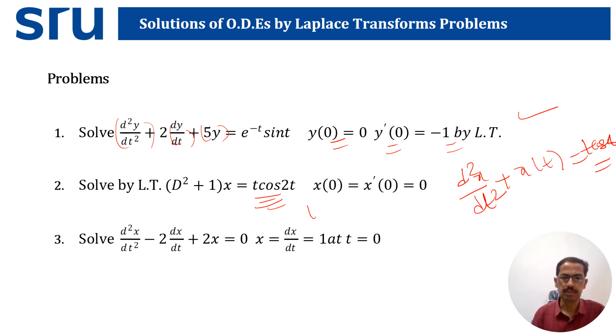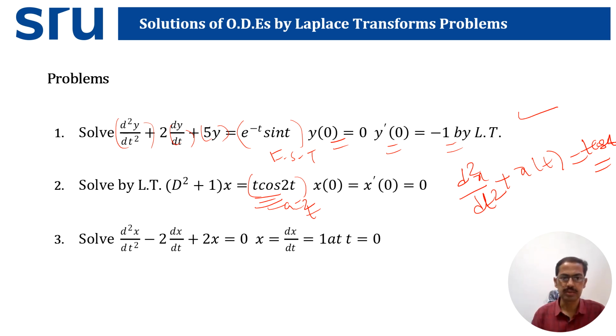Multiplication with t: t cos at, t sin at, we already discussed. So a is equal to 2, and apply the multiplication with t formula. And how do you get the Laplace transform of e power minus t sin t? Apply the first shifting theorem. What is the first shifting theorem? We already discussed it. So apply the first shifting theorem and solve this.